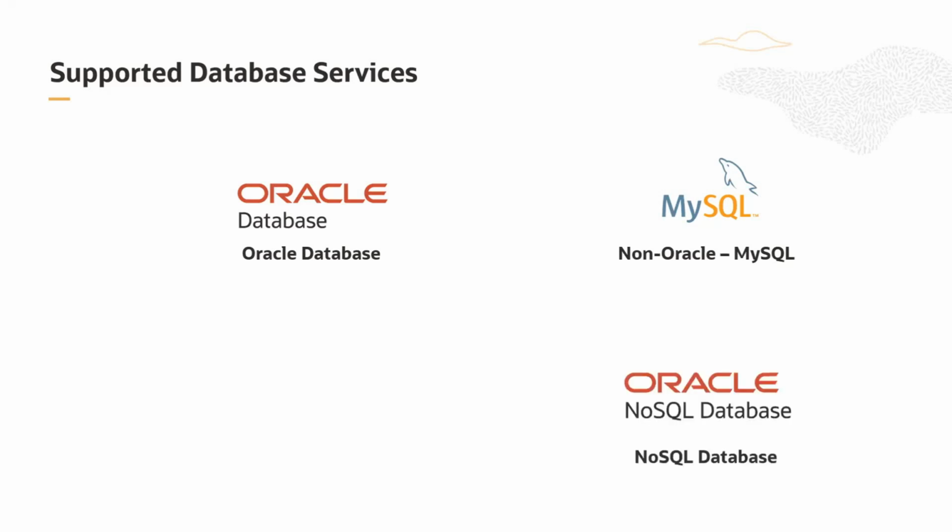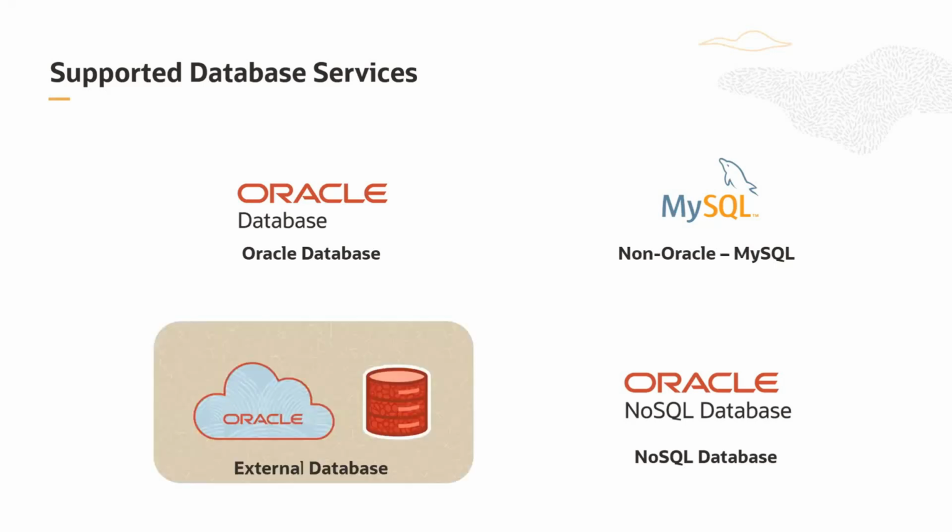We also support fully managed database services in a distributed key value database for the developers who want to focus on application development. That would be our NoSQL database. An external database allows you to use your cloud-based tools, such as our database management, with your external database.